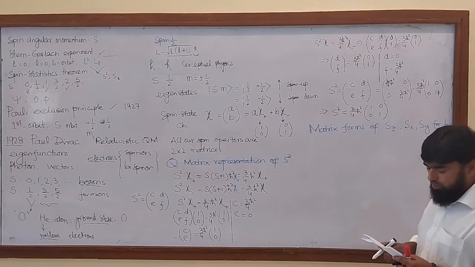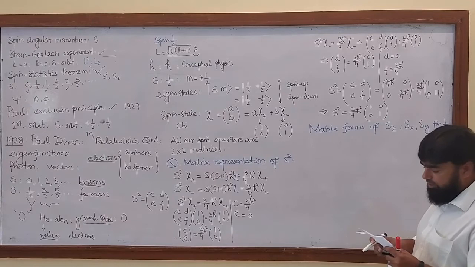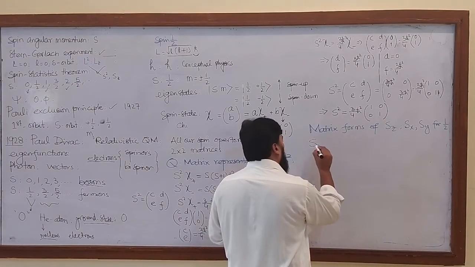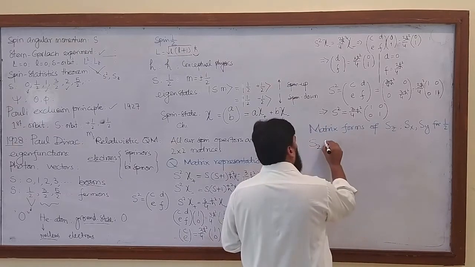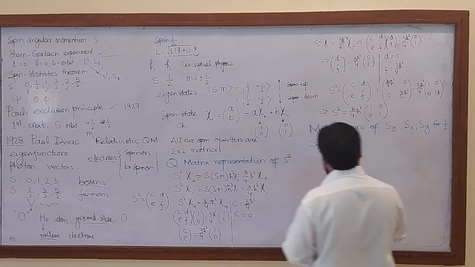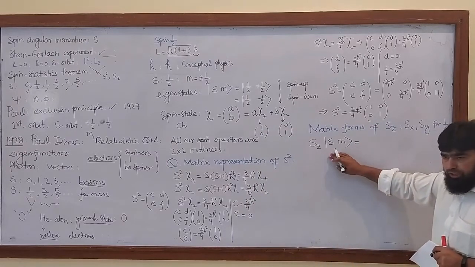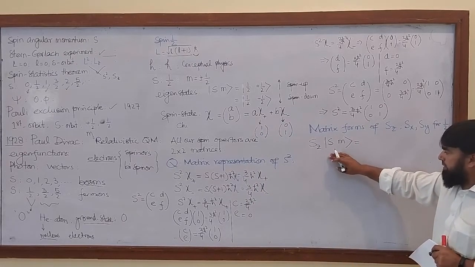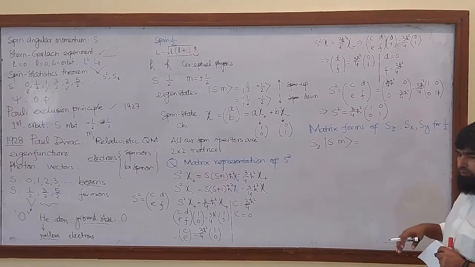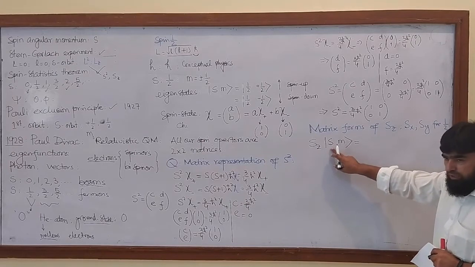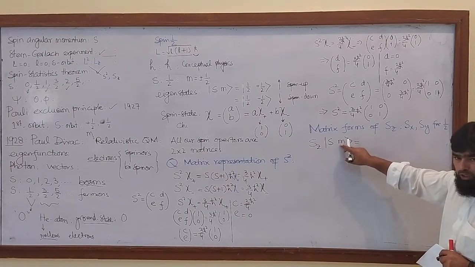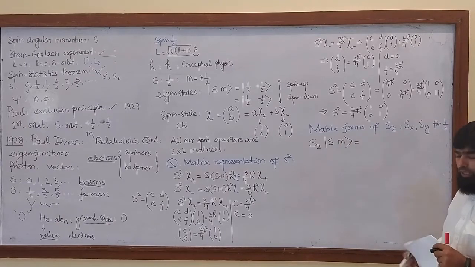You know about this fact that when SZ operates on an eigenstate, and this is S and M, this is an eigenstate in ket notation. So we are having S, the angular momentum, and then the orientation of this angular momentum in a given direction.